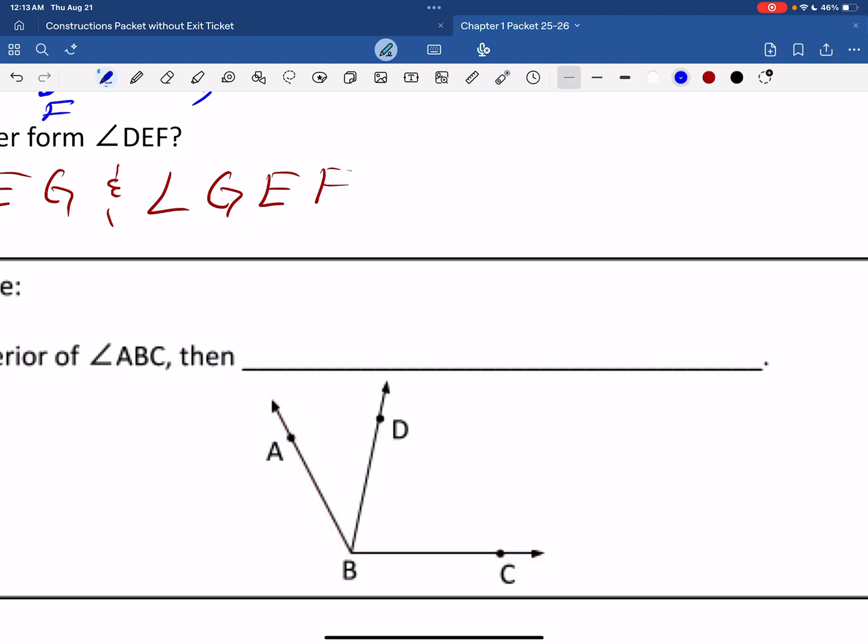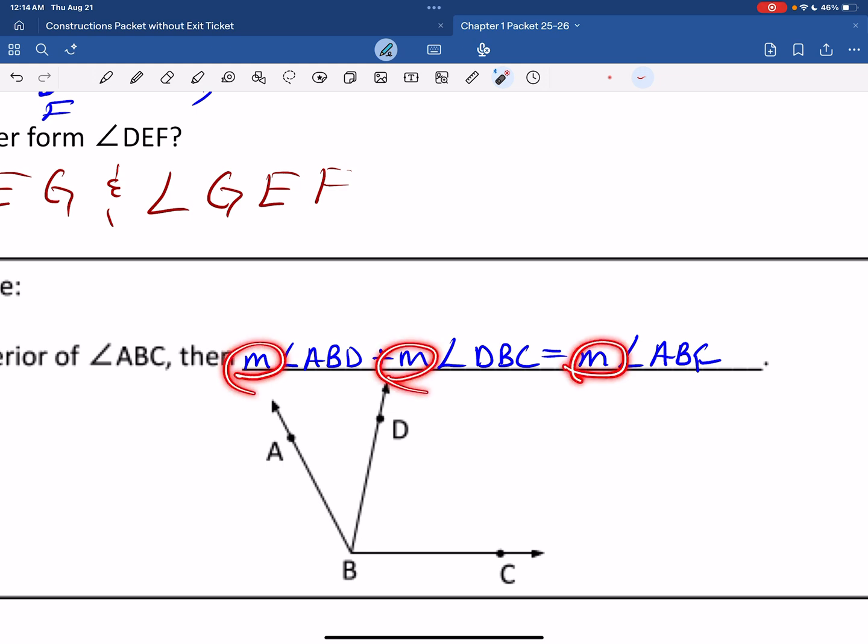But we need to add one small letter, and I'll explain it later. So we're going to say the measure of angle ABD plus the measure of angle DBC is equal to the measure of angle ABC. And I'll talk to you about this M next time I see you.